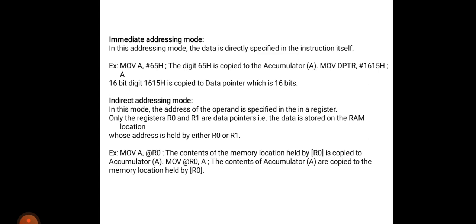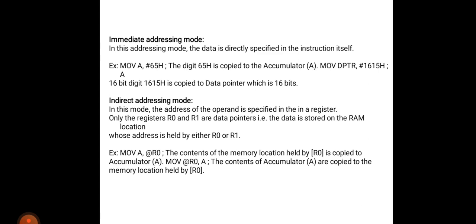Next one is indirect addressing mode. In this mode, the address of the operand is specified in the register. Only the registers R0 and R1 are data pointers, that is the data is stored on the RAM location whose address is held by either R0 or R1.